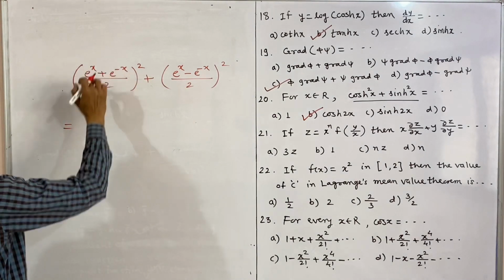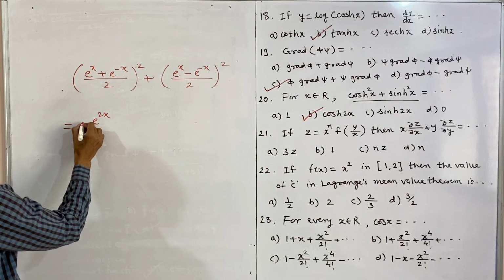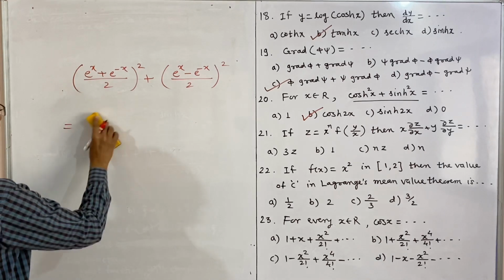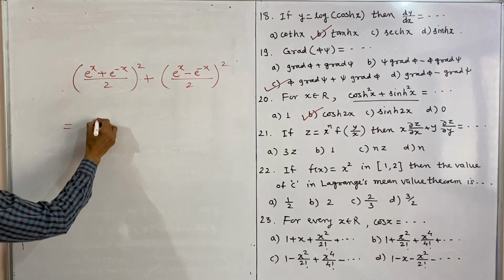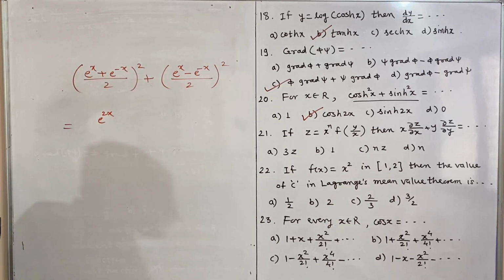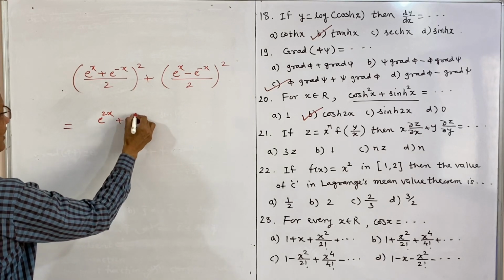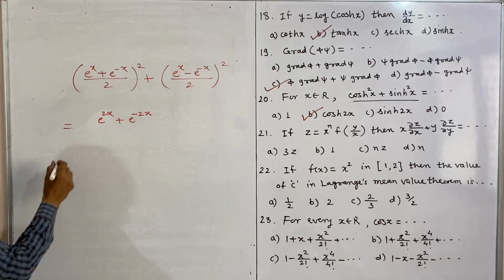What remains is e power x whole square, which will be e power 2x, and this is e power negative 2x, and these terms are double.